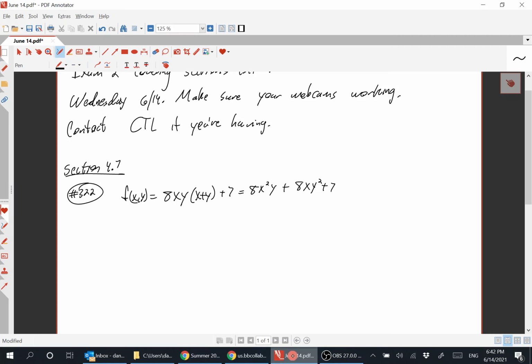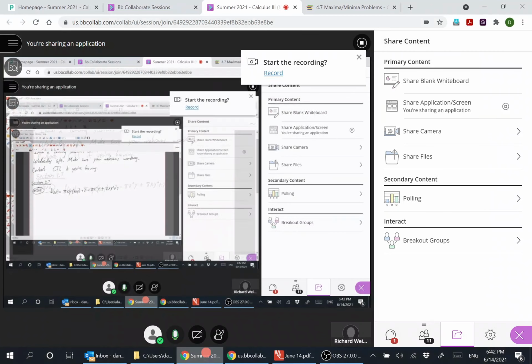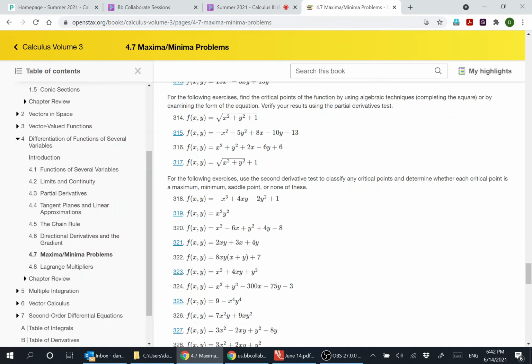I do. All right. So the function 8x squared y plus 8xy squared plus 7. We're going to find the critical points first and then determine whether that critical point is a relative maximum, relative minimum, or neither.